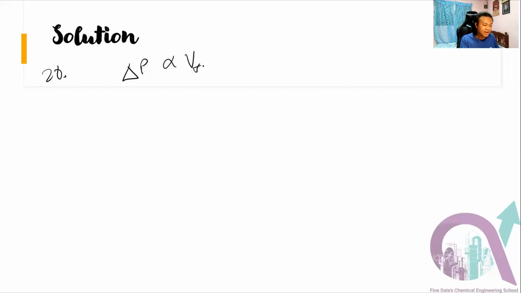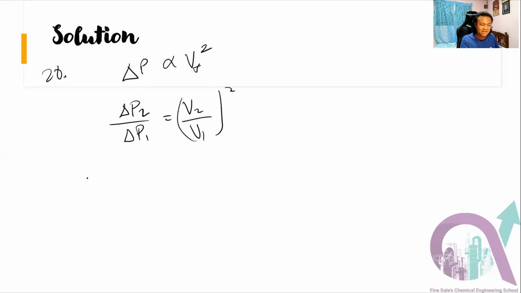What I read on the internet is that the pressure drop is directly proportional to the square of the volume. So let's create an equation out of this relationship, V2 and V1, and this is squared.